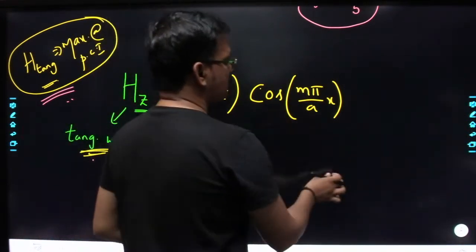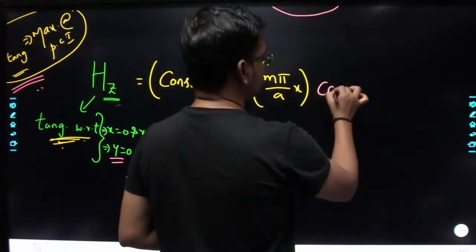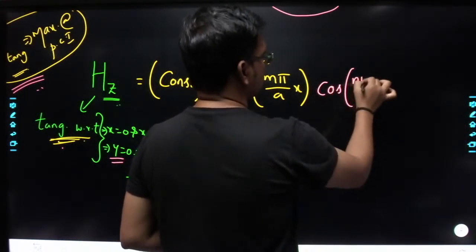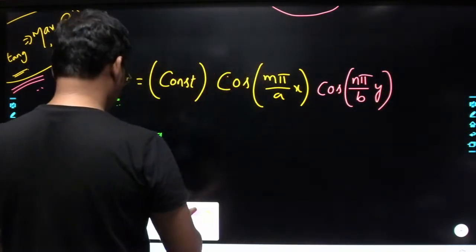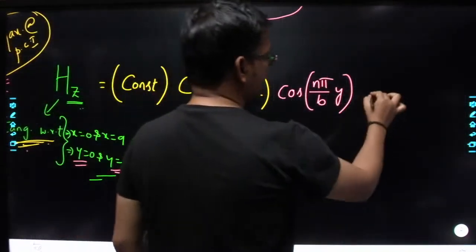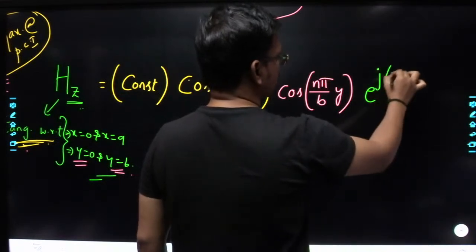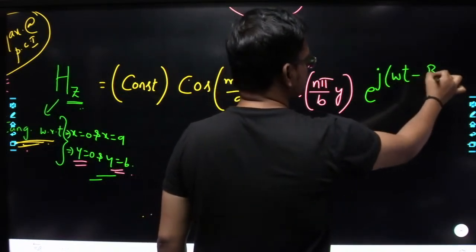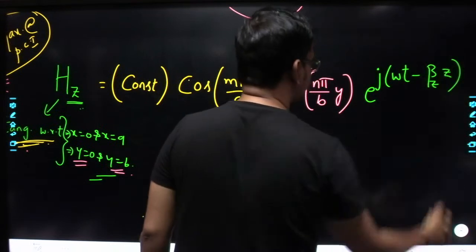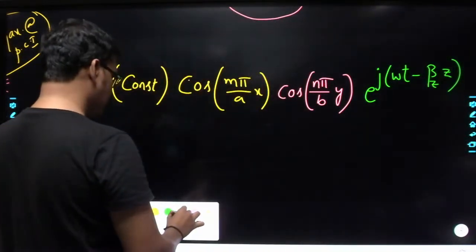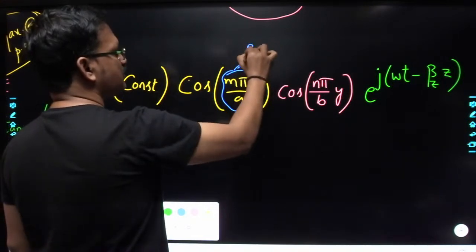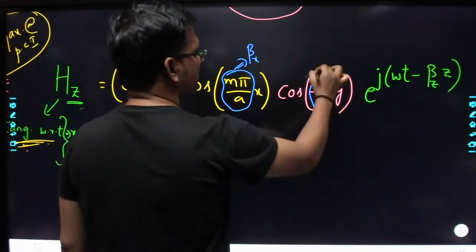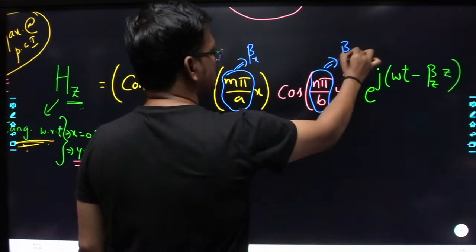So cos of m pi by a into x, multiplied by cos of n pi by b into y, multiplied by traveling wave pattern along z. So that is e power j of omega t minus beta z into z. Remember that this m pi by a is nothing but beta x and this n pi by b is nothing but beta y.